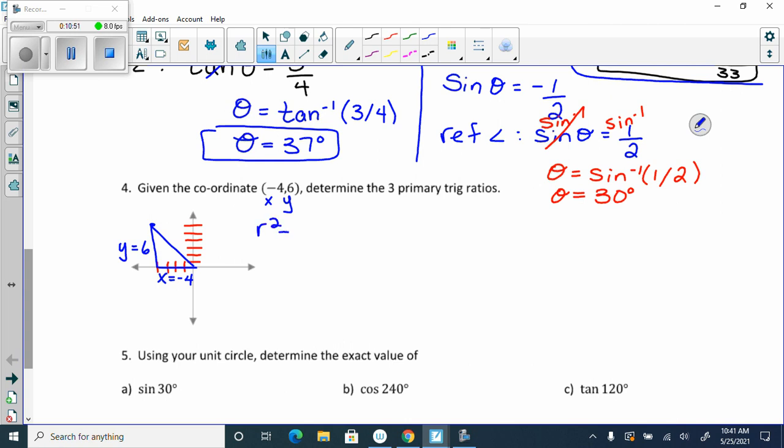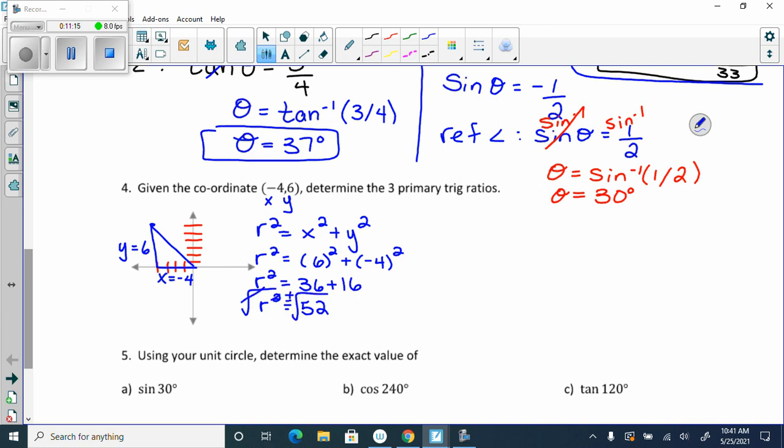So r squared equals x squared plus y squared. R squared equals 6 squared plus -4 squared. R squared equals 36 plus 16. So r squared equals 52. Square root that baby, and you get plus or minus.